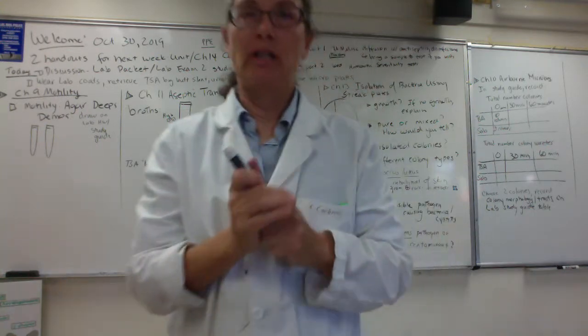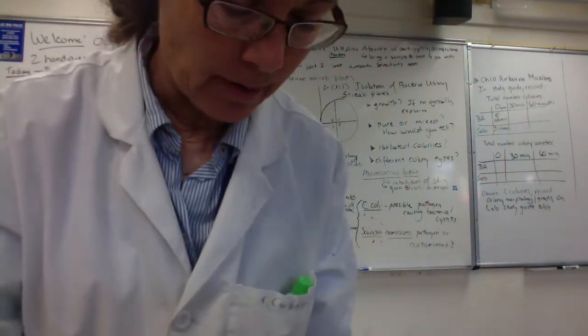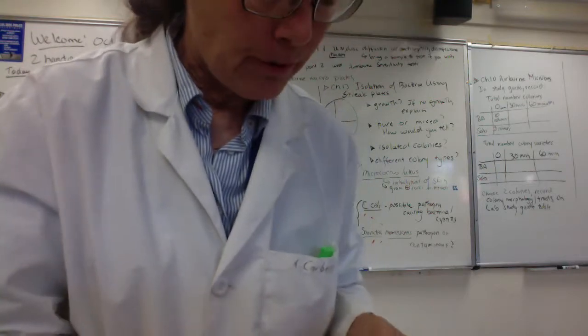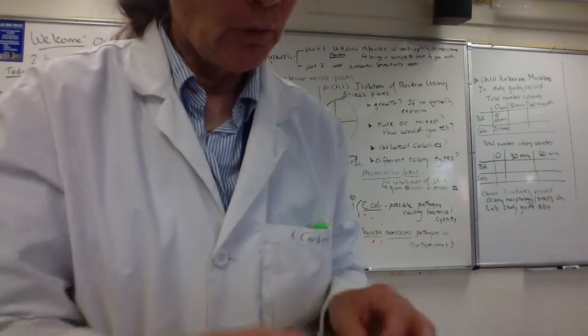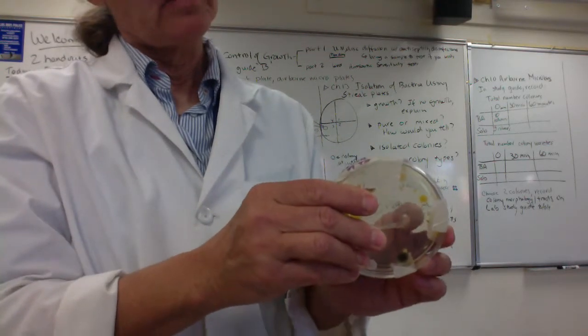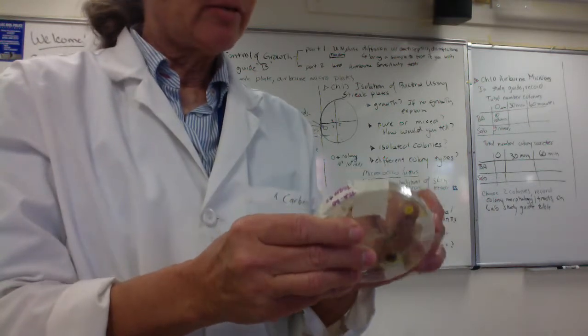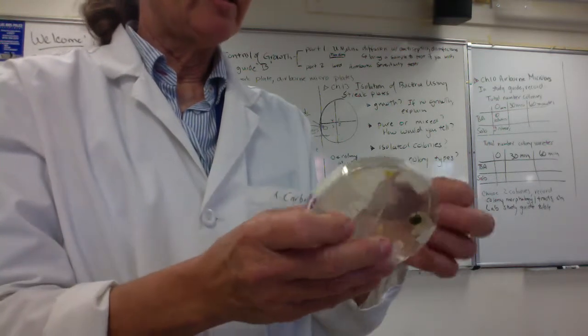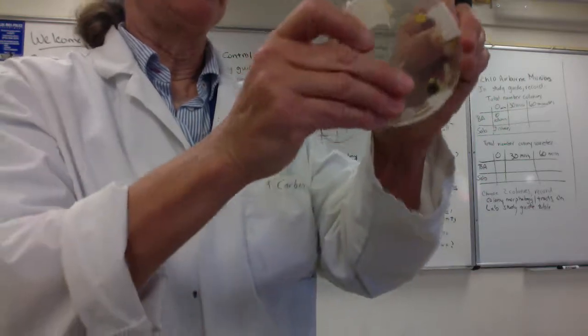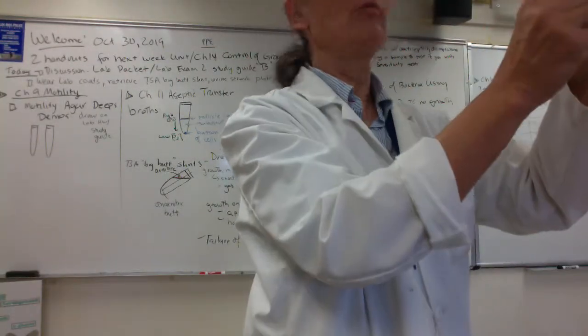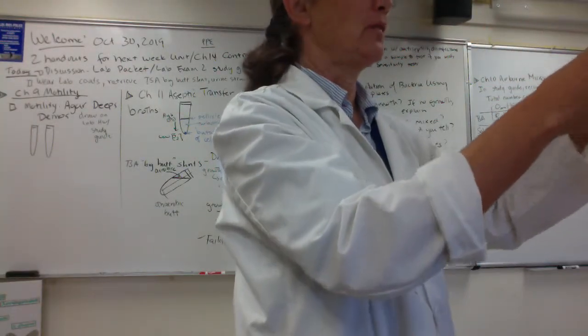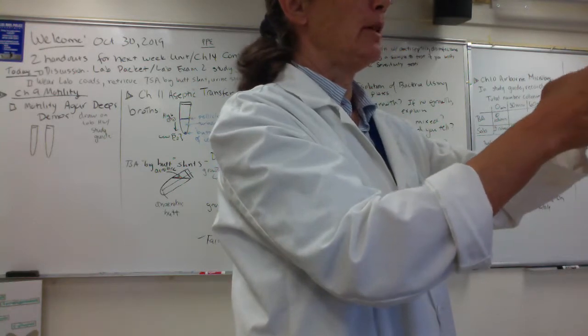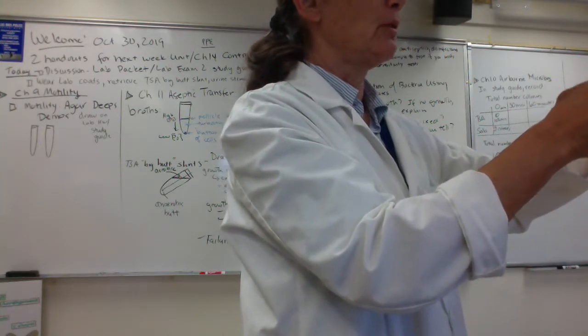Now this can get tricky because you guys have so much growth. So let's presume, we'll use this one, you guys. This is from the Tuesday, Thursday group. This is their TSA 60-minute plate. Now a key to this is we don't open the plates, you guys. Oh my God, there's so many fungi in here, and they've made billions of spores, so we're never going to open the plates.